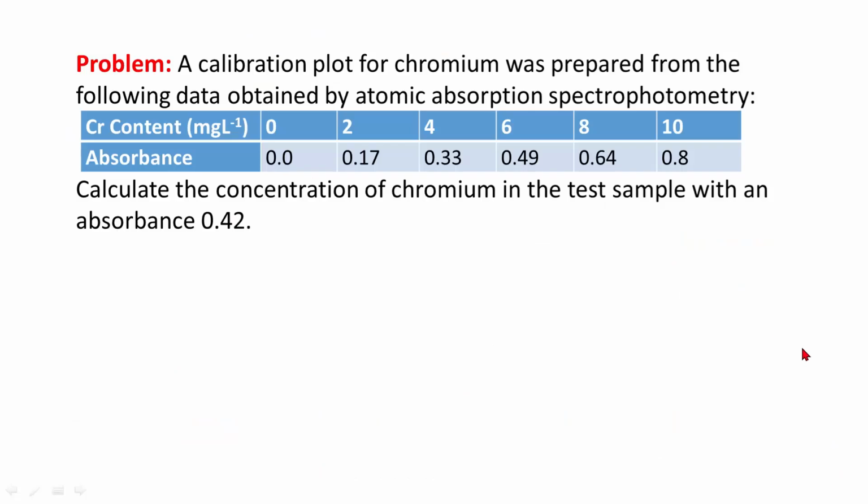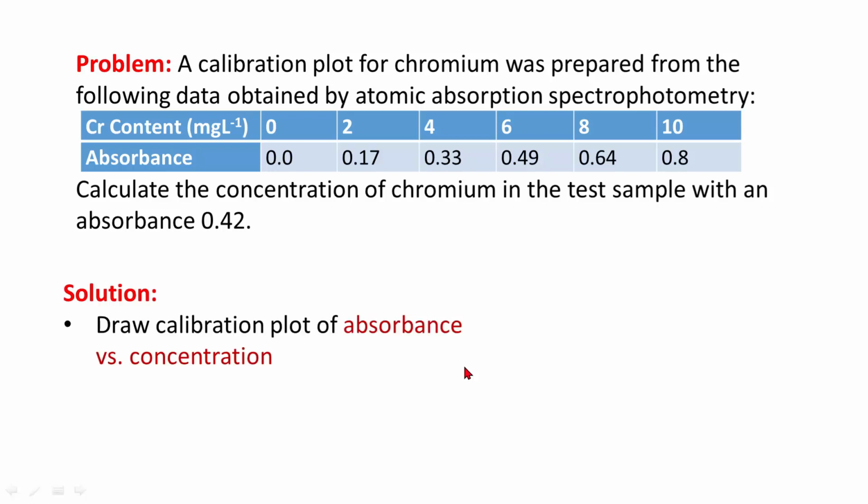Problem: a calibration plot for chromium was prepared from the following data obtained by atomic absorption spectrophotometry. This is the data given. Calculate the concentration of chromium in the test sample with an absorbance 0.42.